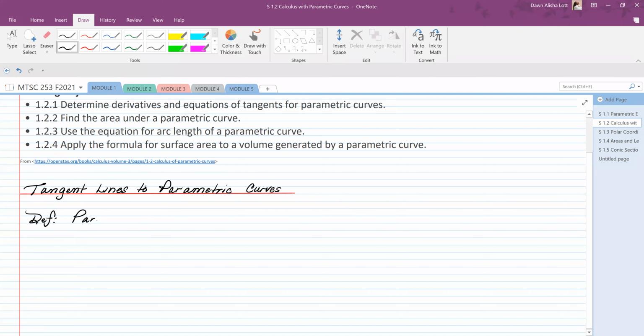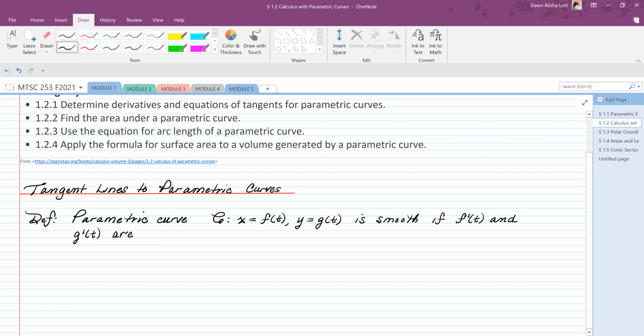So a parametric curve C, where x is equal to f of t and y is equal to g of t, is smooth if f prime of t and g prime of t are continuous and never simultaneously zero.